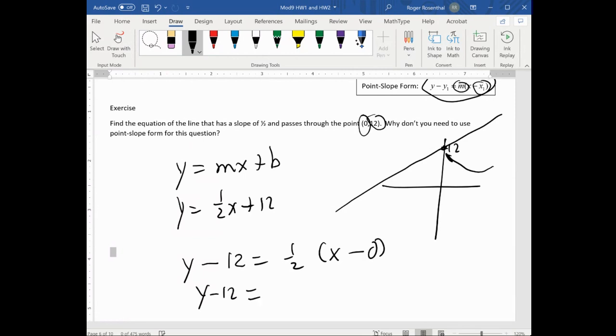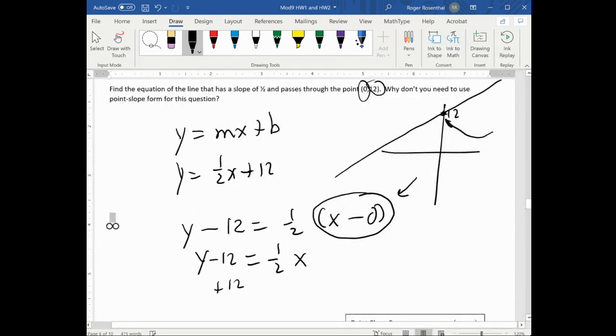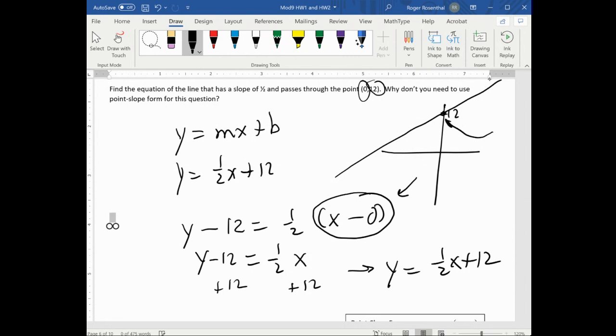That's y minus 12 equals 1/2. Anything minus 0 is itself, so that's just x. And then add 12 to both sides, and we get the same answer we had a moment ago. We get 1/2 x plus 12.